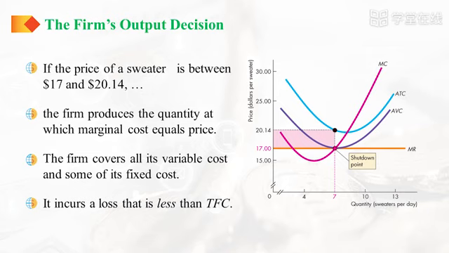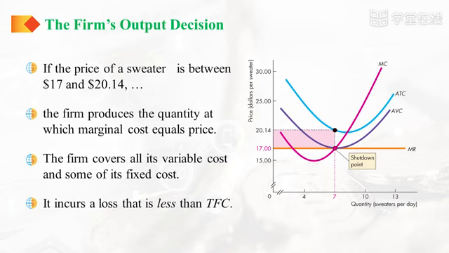However, if the firm faces a price lower than 17, the economic loss is higher than TFC, and it cannot cover the variable cost, nor the total fixed cost. So we know that at a price below 17, firms will choose not to produce.